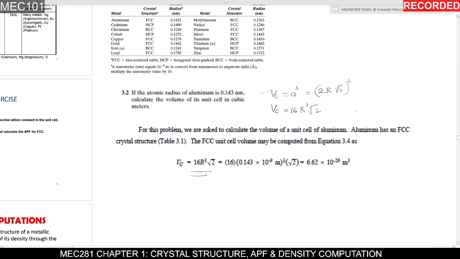So you will get the value here. This is the volume of unit cell, Vc. Okay, volume of unit cell.